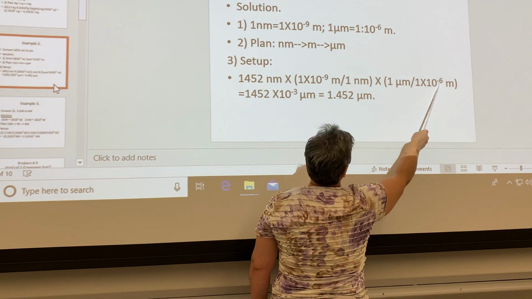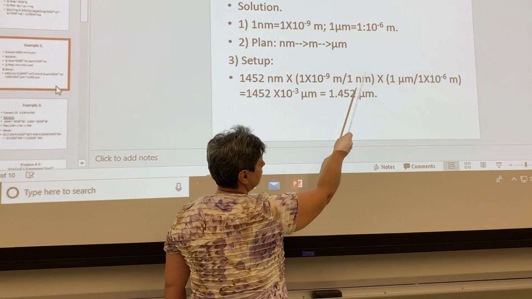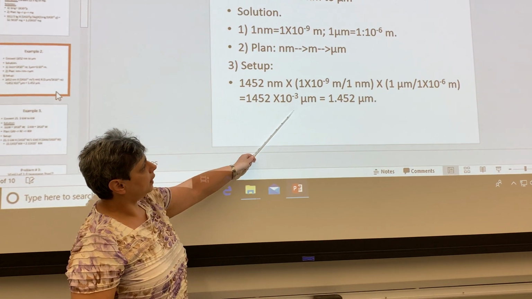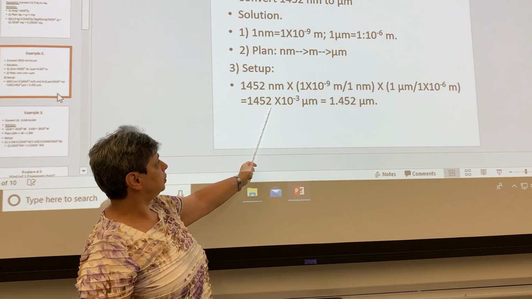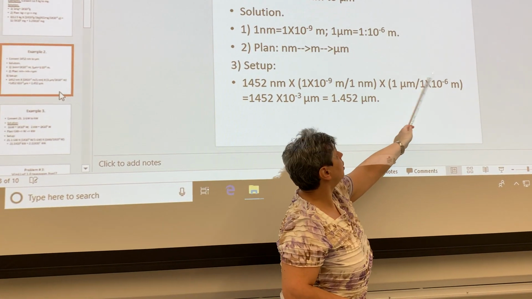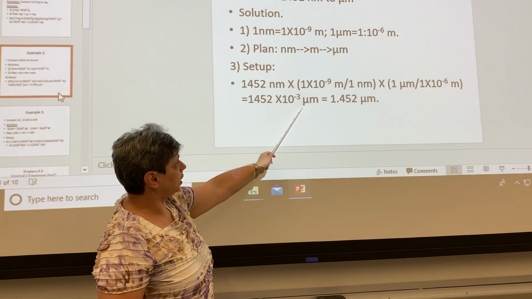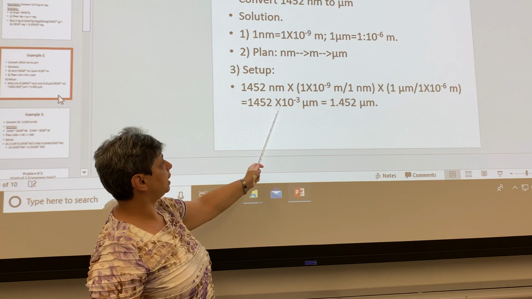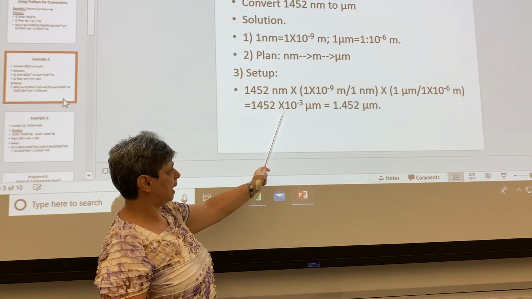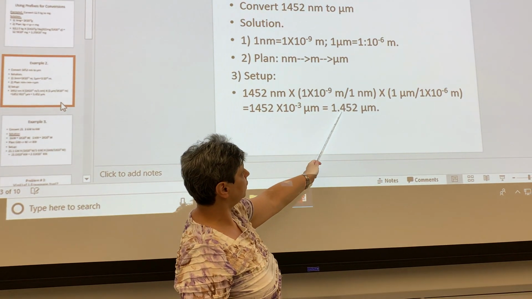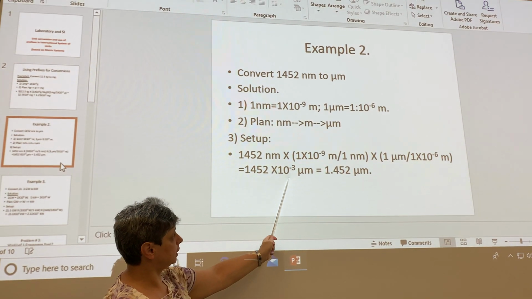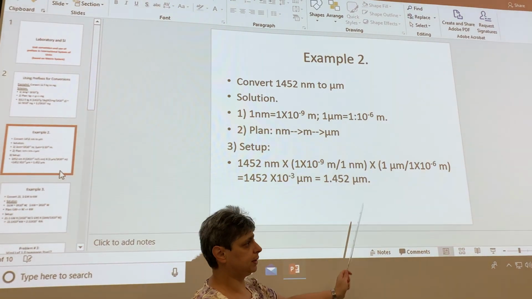This should go on the bottom because I want to cancel my meters from up here, and 1 micrometer would go on top, and then I do the math, and what I get is 1452 times 10 to negative 3rd by doing the powers here, micrometers, and then of course I can move my decimal point 3 places and I would get 1.452 micrometers. So either answer represented like this or like this would be considered correct.